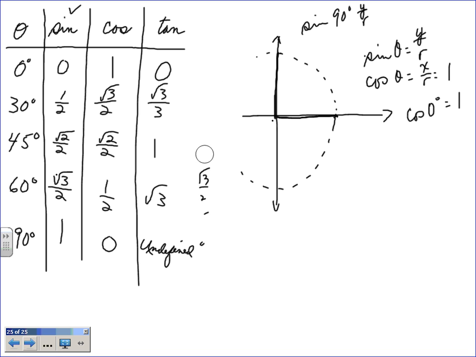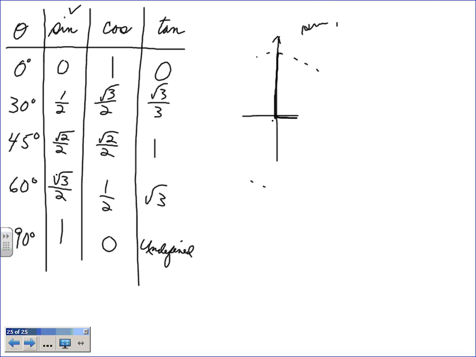So, how does that help us? Well, find the sine of 240 degrees. That's not on our chart.